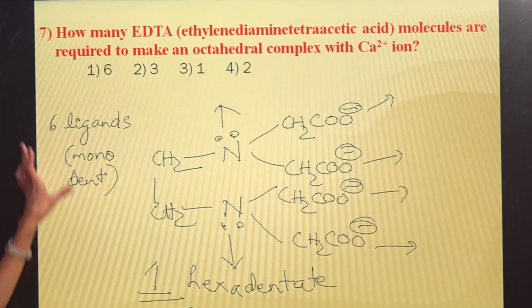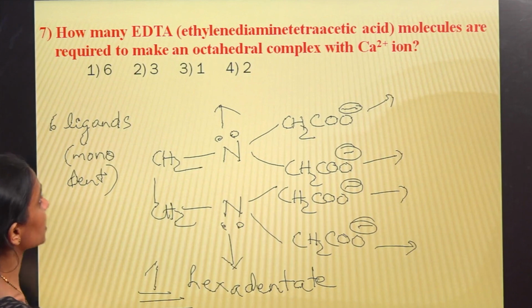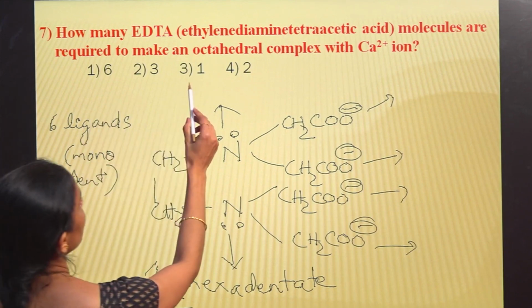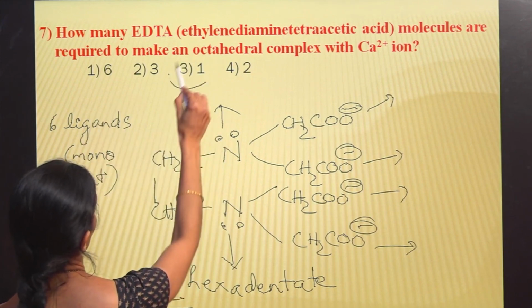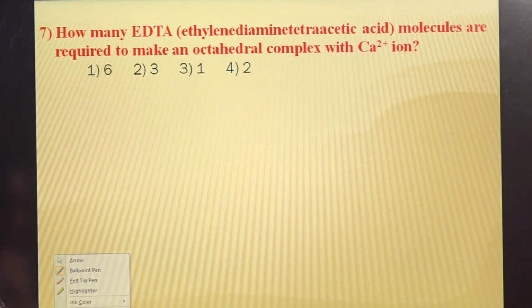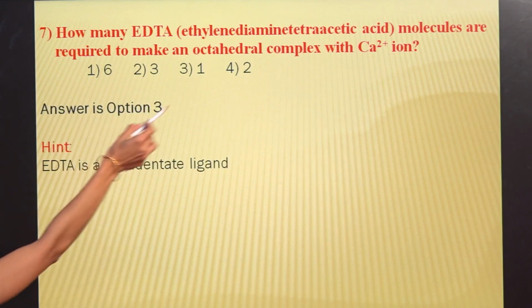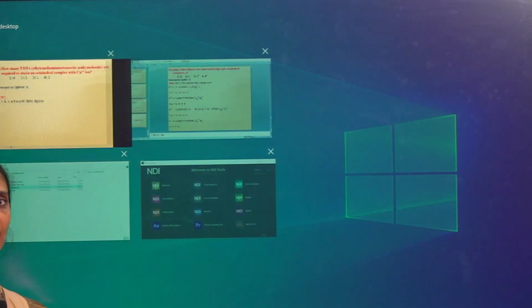Whether 6 monodentate ligands or 1 hexadentate ligand, it is the same. So only one EDTA molecule is enough for forming octahedral complex. Option 3 is the right answer.